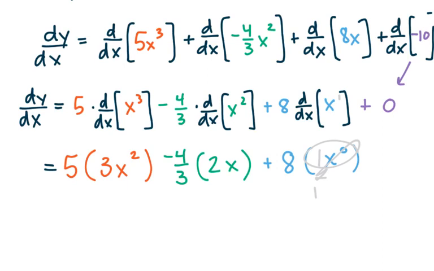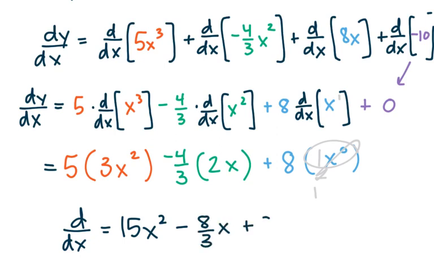X to the 0th power is 1, so it's like we have 1 times 1 here, which is just 1. And then, of course, I don't need to write this plus 0 any longer. It's gone. So my derivative here, dy dx, equals 15x squared minus 8/3 x plus 8.